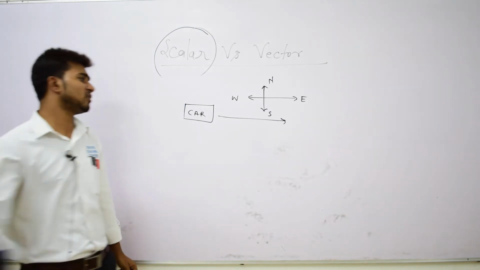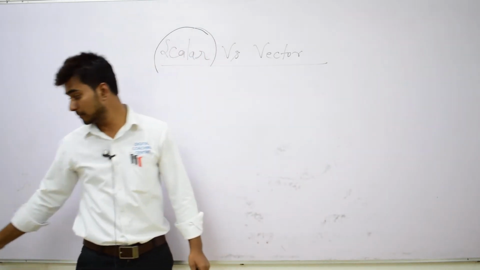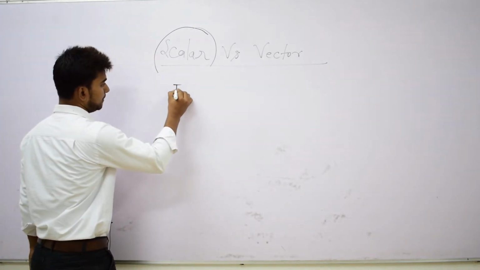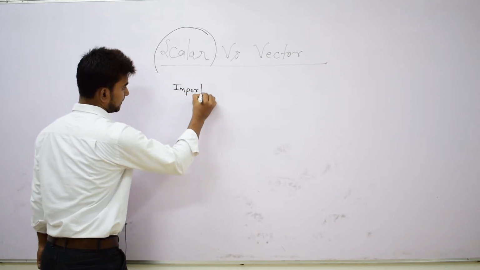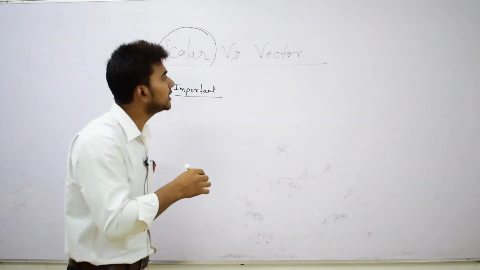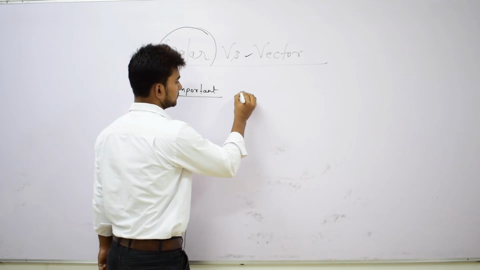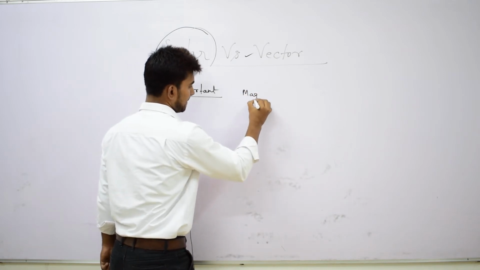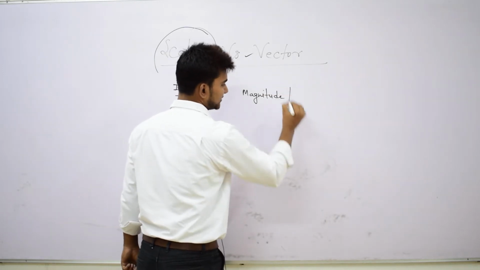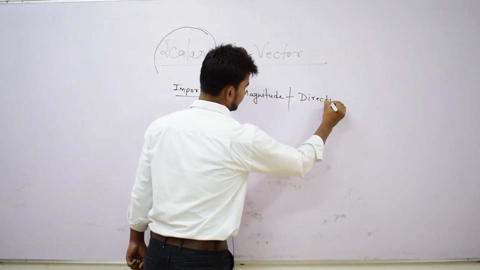This is the basic definition of a vector quantity, but there are some terms which you need to know carefully. An important criterion: a vector physical quantity has magnitude as well as direction.